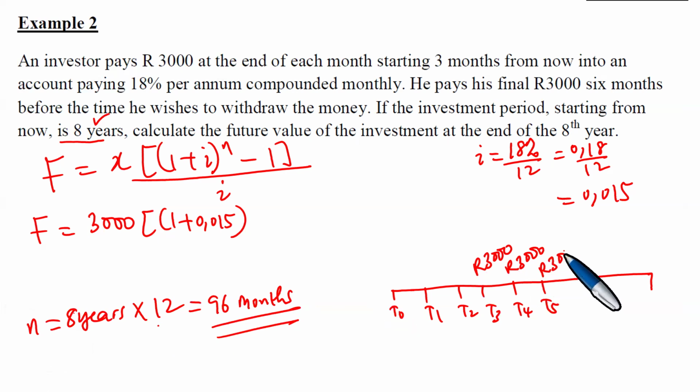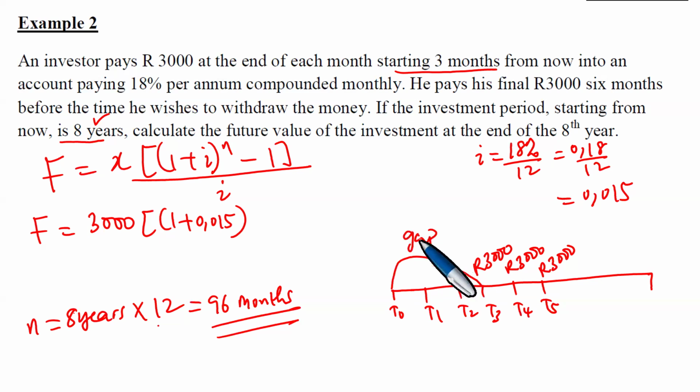So now we have 3,000 there as well. But now look, at the end of each month, starting 3 months from now, into an account paying 18% per annum. But remember, that is starting 3 months from now. So you're going to count 1, 2, 3. In other words, we're able to see a gap.